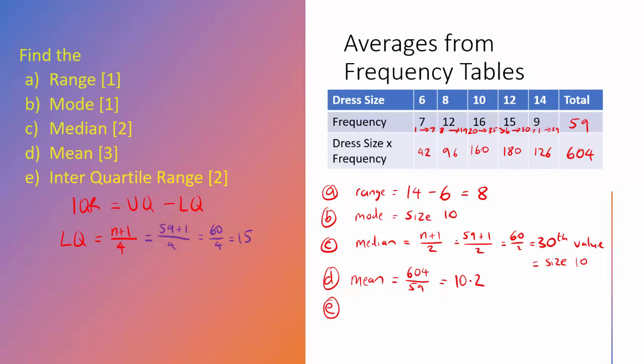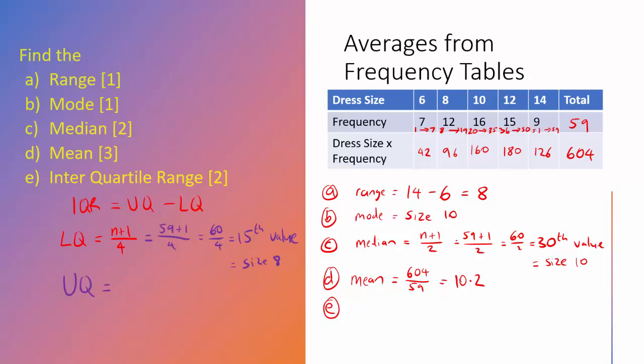Your lower quartile is your 15th value. So where is the 15th value? So we look at these numbers here and we're looking for the 15th value. So we've got the 1st to the 7th in there, the 8th to the 19th are in here. So the 15th value must be somewhere within this, which is corresponding to a dress size of 8. So the lower quartile is 8, or size 8.